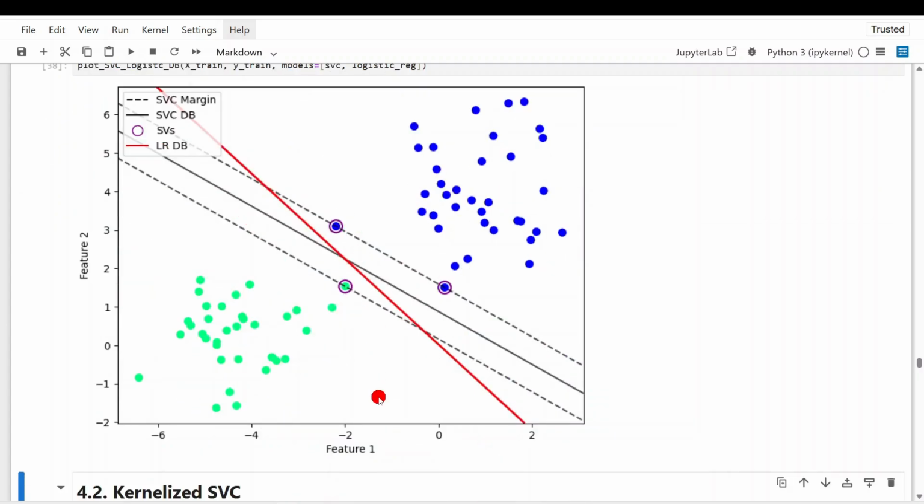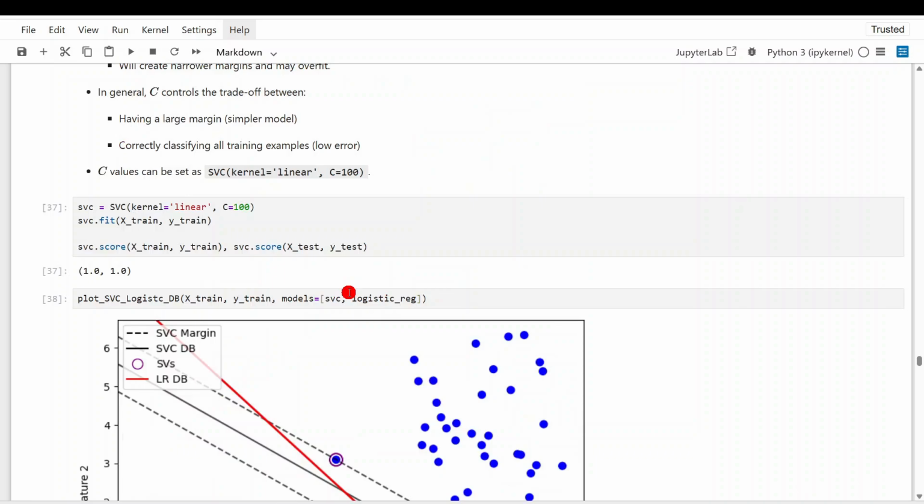Look, now because C is large, the margin is going to be narrow. Then this line, which was previously around here, approaches this point.